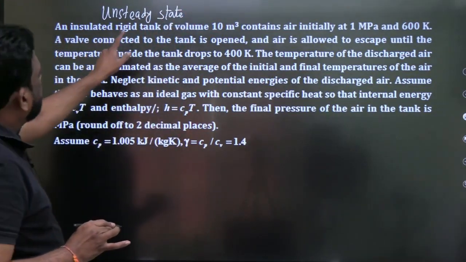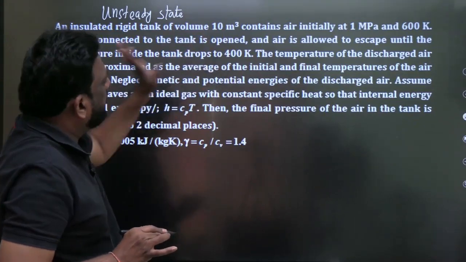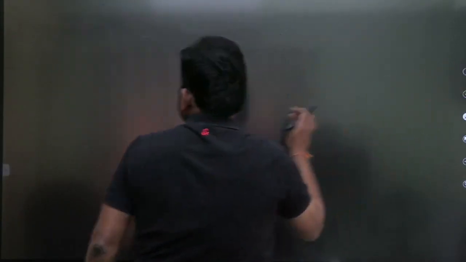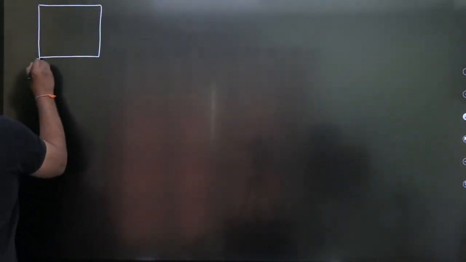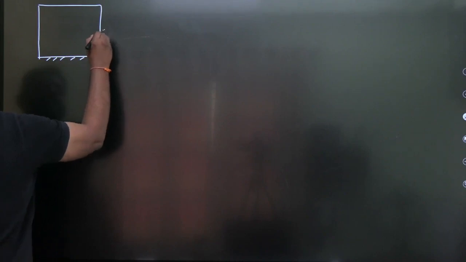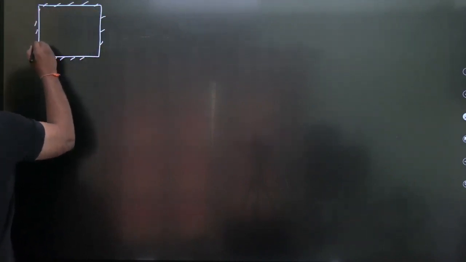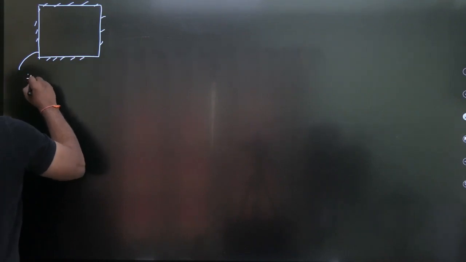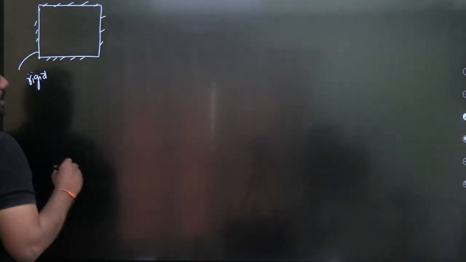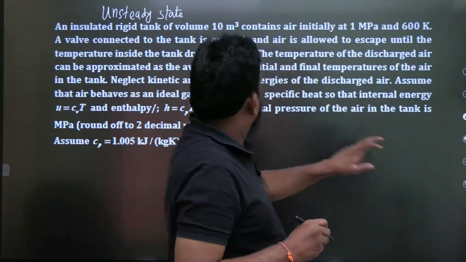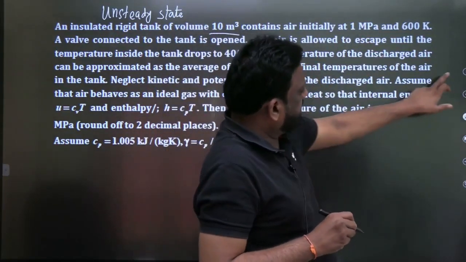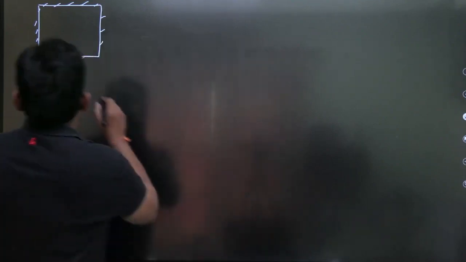An insulated rigid tank of volume 10 meter cube. Okay, let me draw that. There is an insulated rigid container. Note down, it is an insulated rigid container, so I write here rigid. And what is the volume given, dear students? Volume is 10 meter cube and the pressure is 1 megapascal, 600 Kelvin.